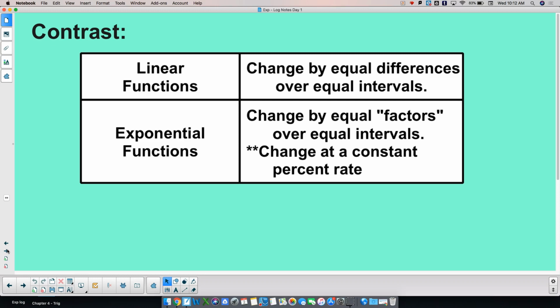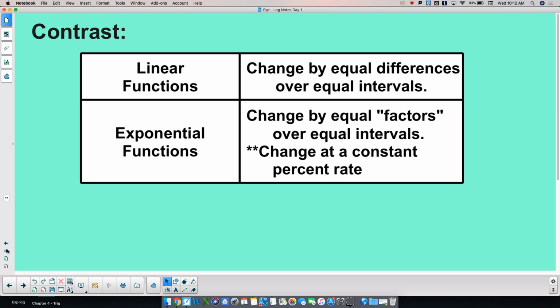If you're adding 5, you're always going to be adding 5. So if it starts out at 100, then it goes to 105, 110, 115, 120, 125, and so on. It always stays constant. It makes a line.